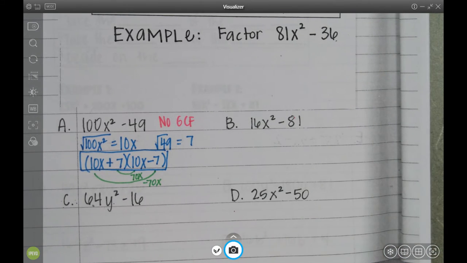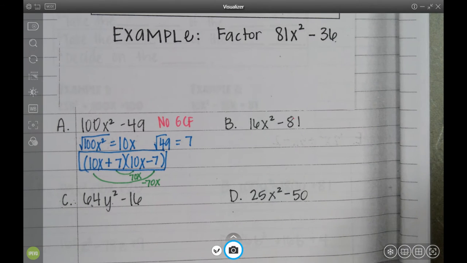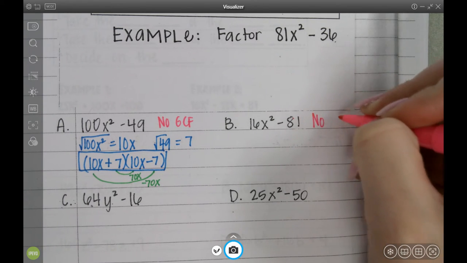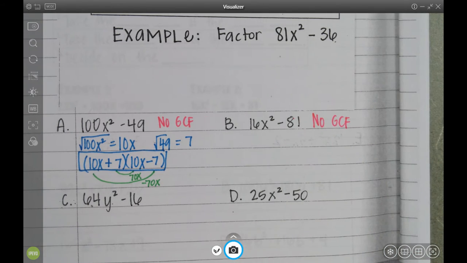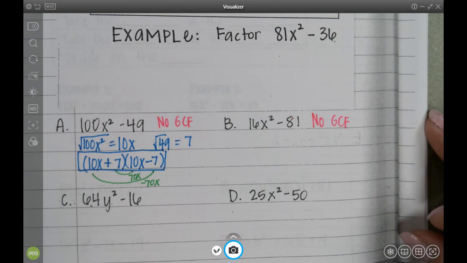Okay, so let's do part B. Same way. Do I have a GCF? No. I'm going to take the square root of each term.